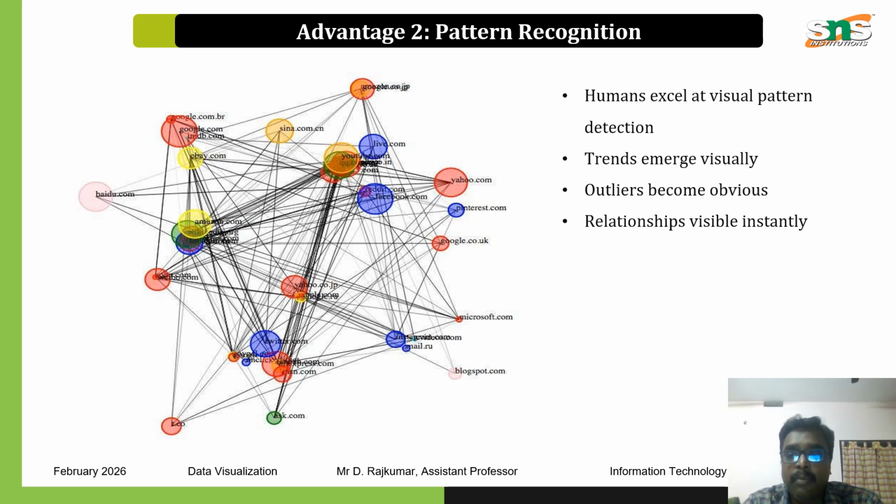With the help of these things, outliers become very obvious, so we can easily identify and eliminate the outliers, or we need not concentrate on them. The relationship between multiple data becomes visible instantly, so that we can plan on that and work on it to increase our competitive edge.